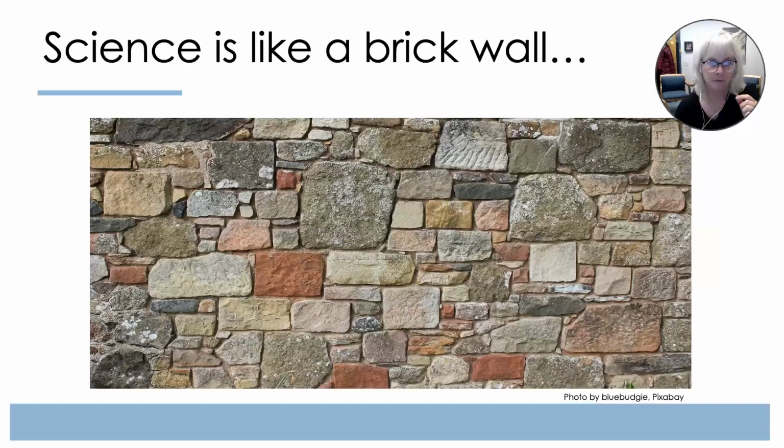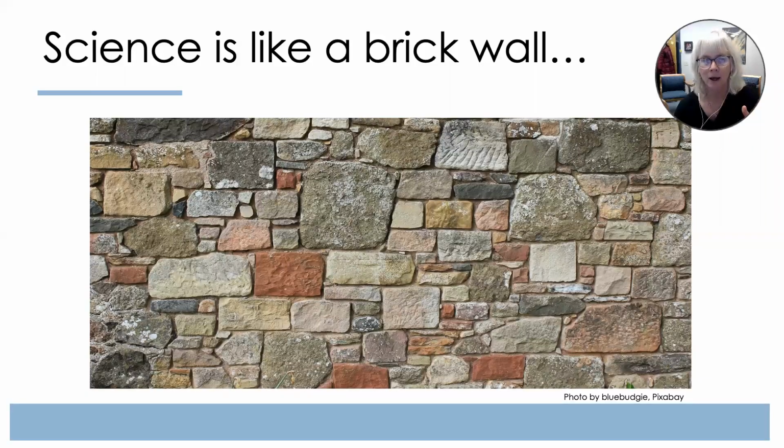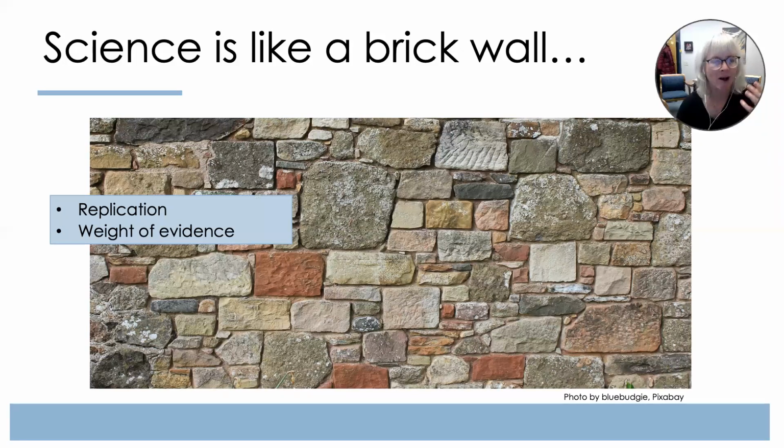So first off, think about science as not a single brick, but a brick wall. So not just this one brick, this is one study, but we're going to be thinking about how all of these bricks come together, how all these studies come together, and how do they support each other, through a process of replication.